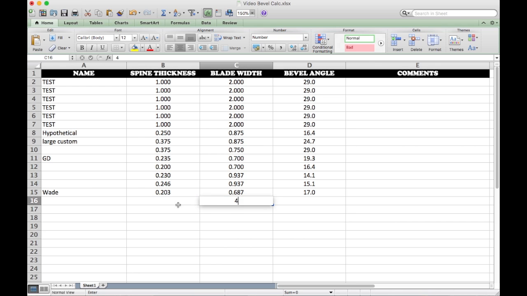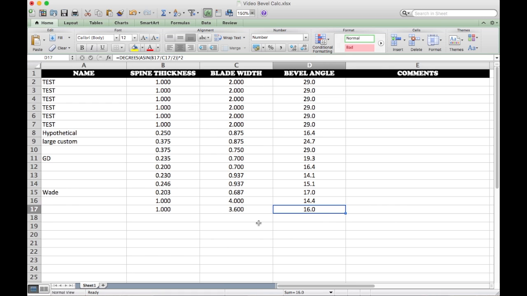Okay, so 4 to 1, that yields a 14.4 degree bevel angle. That's a little bit steep, so it's really not 4. I think it's more about 3.6, if I'm not mistaken. 3.6 to 1. So 4 to 1 is a little bit steep. I mean, if you like 14.5 degrees, like I said, 16 is my thing.